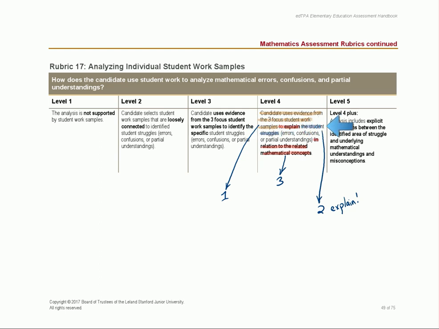In a 4 you're explaining the struggles in relation to the related mathematical concepts. So giving detail about the struggles, explaining what's going on with students' work, will move you from a 3 to a 4. And of course, this is the key word for this particular rubric, explain.